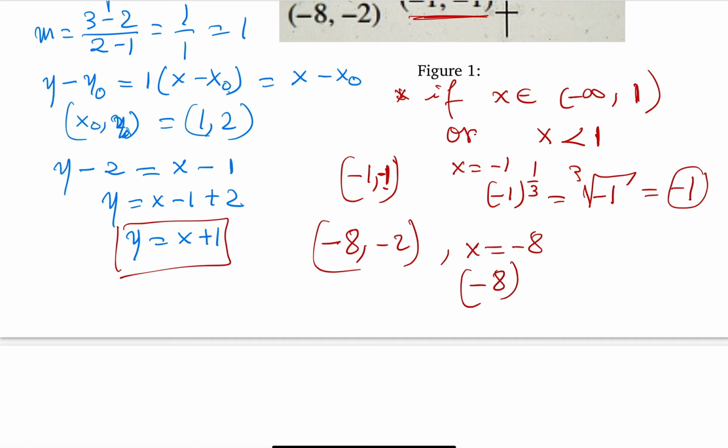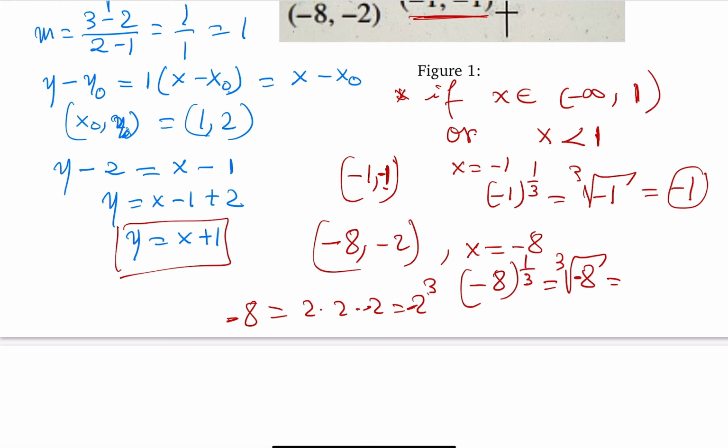Negative 8 to the 1 over 3, which is the cube root of negative 8. You know 8 is 2 times 2 times 2, which is 2 to the third. With the negative sign, you have one negative left. That's why you have a negative sign here. Here is negative, here is positive.